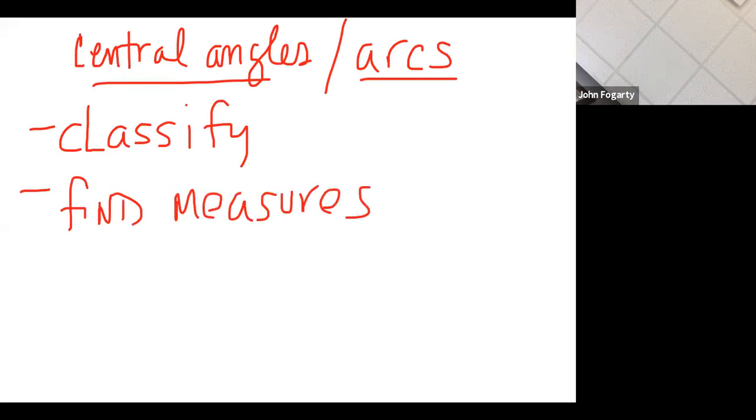So we're going to have to learn how to classify: this is a central angle, this is a minor arc, a major arc, a semicircle. And then we're going to go find measures. That's what we're going to do today. It's not really that hard, but we just got to go through it nice and orderly.